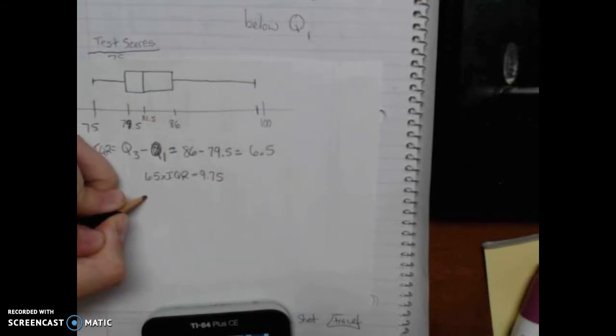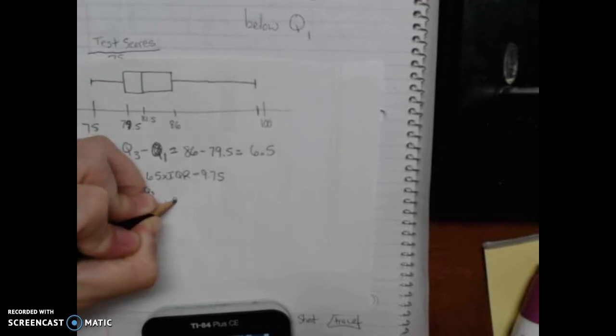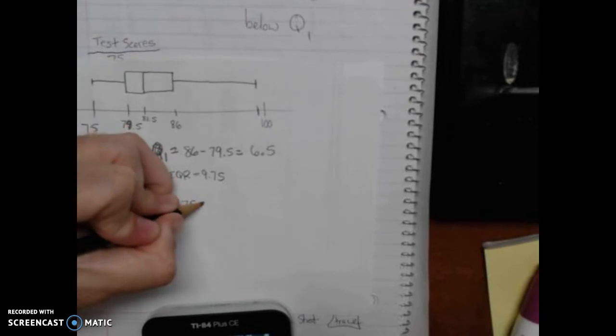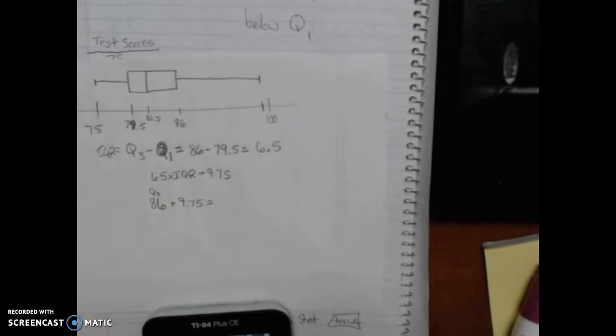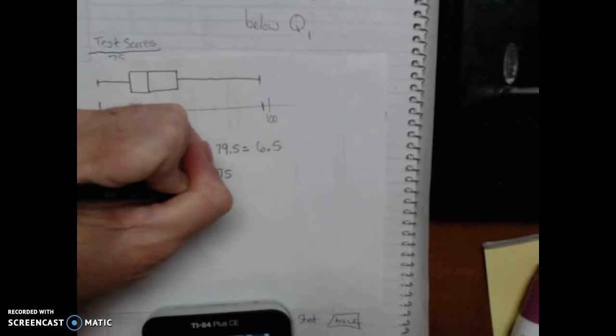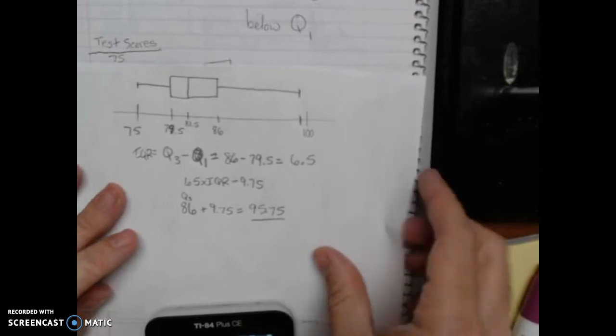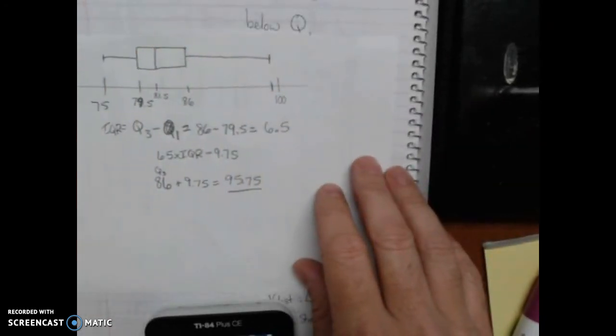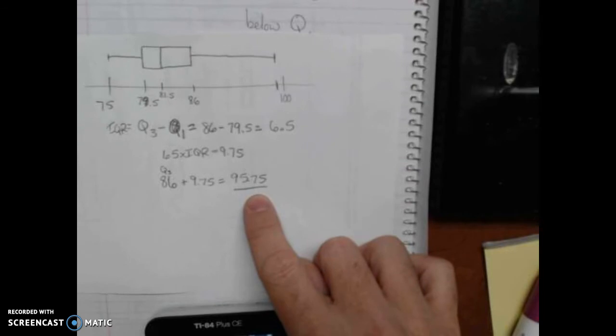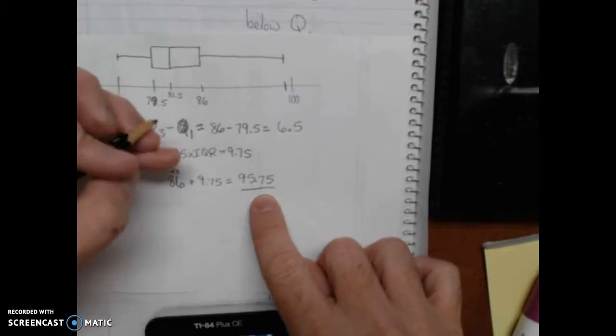So I want to look at my list and see if there's anything above quartile 3 plus 9.75. Anything above that number is going to be considered a statistical outlier. 86 plus 9.75 is 95.75. So definitely there is. In my set of numbers, I had 99. Everything else fits inside of it on that side, but 99 is definitely an outlier because it's beyond 1.5 times IQR up from quartile 3.